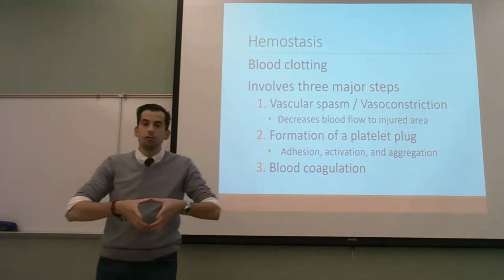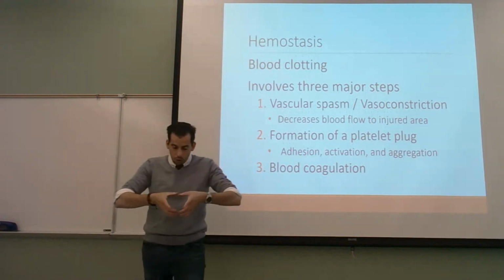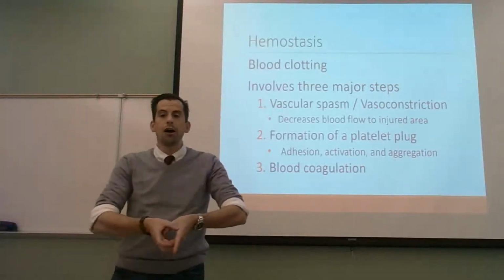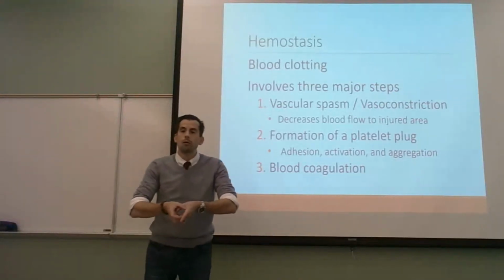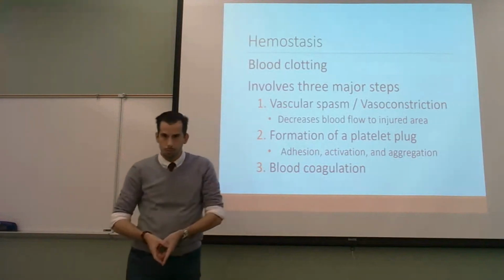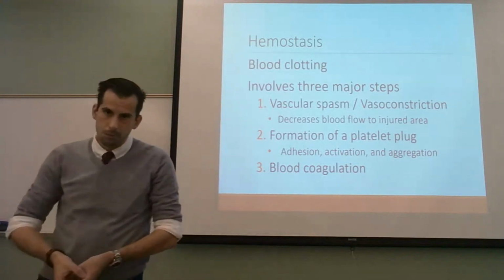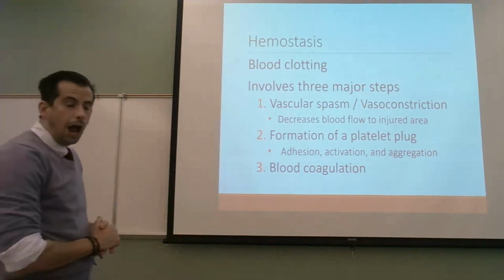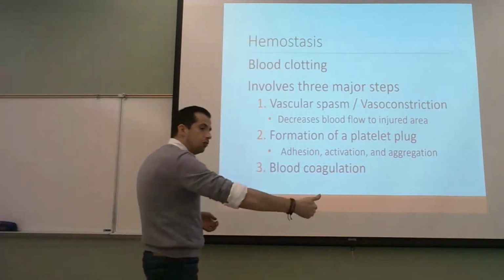If we take a blood vessel that's this big and we constrict it so now that it's that big, we increase the pressure inside that blood vessel, but we also increase the resistance to flow. Increasing the resistance to flow is going to limit how much blood actually gets to the damaged site.